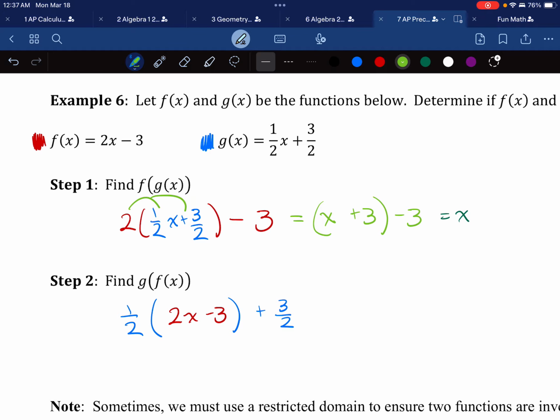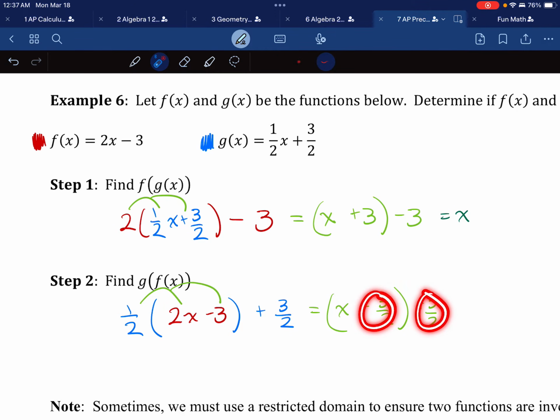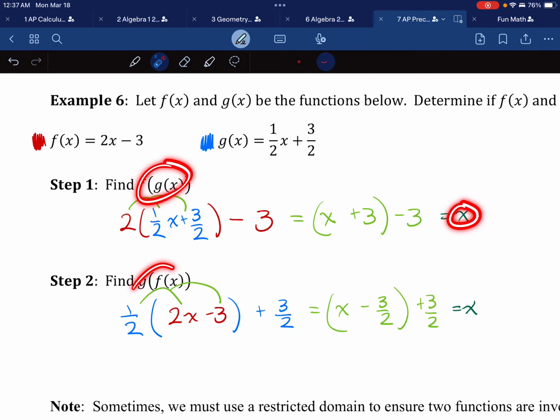Again, we have to do some distribution. 1/2 of 2x is equal to just x, and 1/2 of -3 is -3/2. Again, that is going to be added with plus 3/2. And you can see the minus 3/2 and plus 3/2 cancel each other out, leaving behind just an x. Because this function was just x, we can now confirm that f and g are indeed both inverse functions.